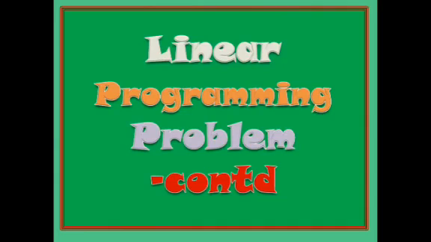What was it? First and foremost, treating each inequality in the constraints as equalities. For each equation, finding out two sets of points. Two sets of points is nothing but by putting x equal to 0 in an equation, finding out y value.